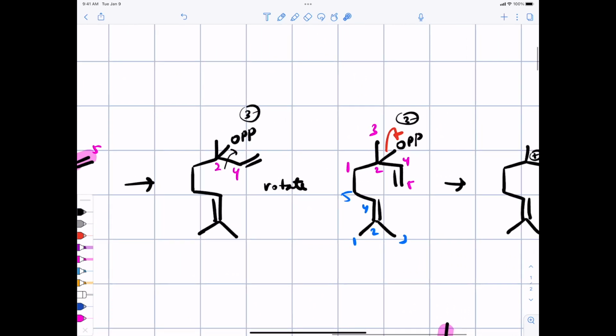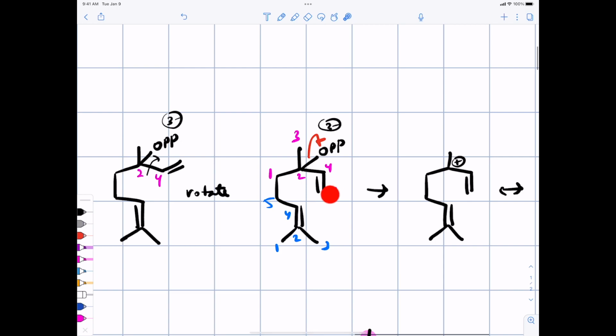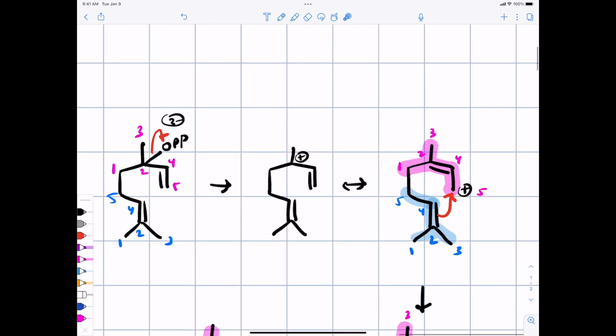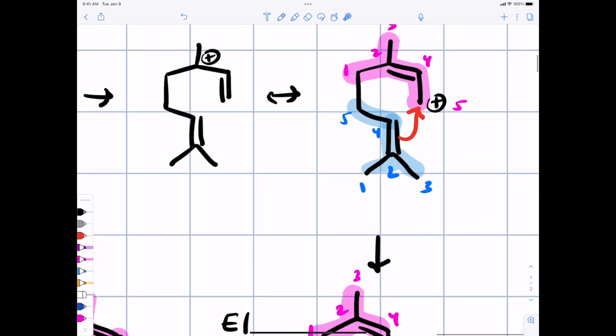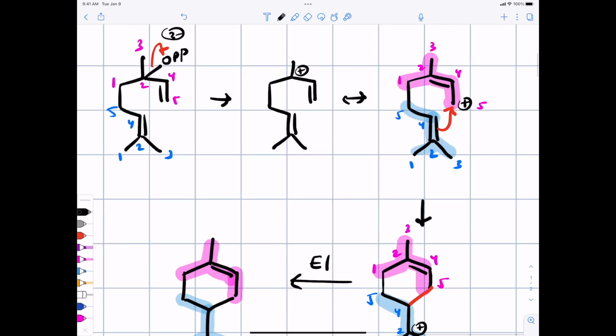And if the leaving group leaves whilst the molecule is in this conformation, then carbon 5 is close to carbon 4, and you can do the attack of blue carbon 4 on pink carbon 5 to create a 6-membered ring. Notice this reaction is just a reaction from 351 that is pi bond attacks an electrophile.